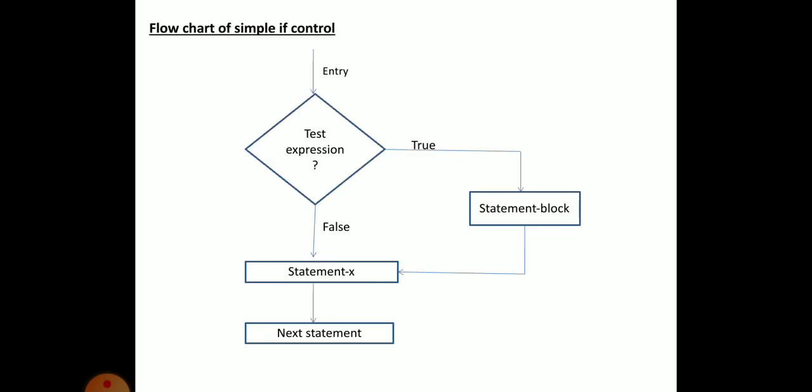Let's see the flowchart of the simple if control. Here also, this is a two-way decision statement. We check for a test expression here, and if the condition becomes true, a particular statement block will be executed, and if the condition is found to be false, the other part of the statement given in the program will be executed.